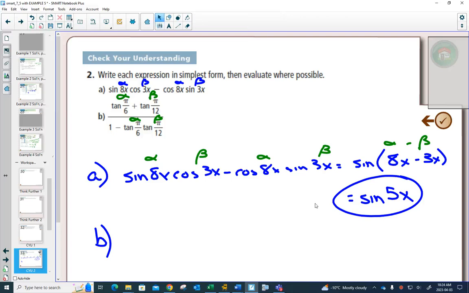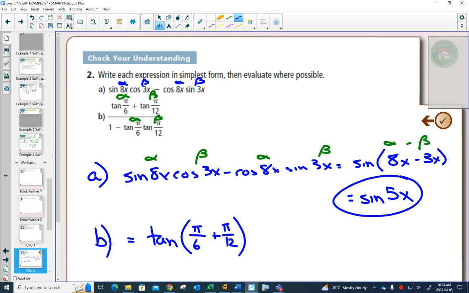So I can rewrite this one as being equal to tan, alpha was pi over 6, and beta was pi over 12. I would get tan of pi over 6 plus pi over 12.